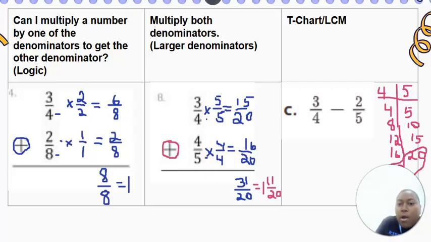Now I'm going to go ahead and rewrite my fractions vertically. It's easier to make equivalent fractions when your numbers are lined up vertically, because you're just going straight across. We're going to put our minus sign, minus 2/5.